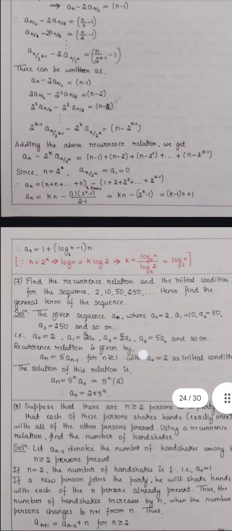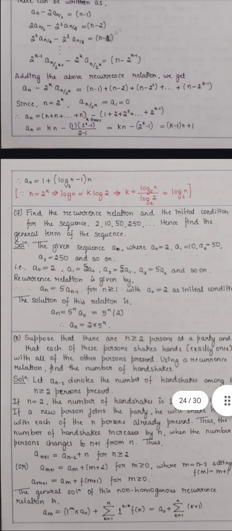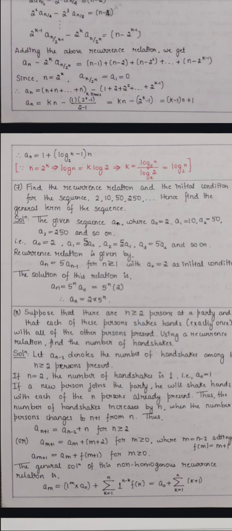An = n added k times, minus (1 + 2 + 2 square + ... + 2^(k-1)). Since it is k times n, so kn.